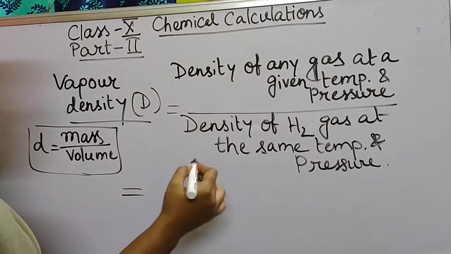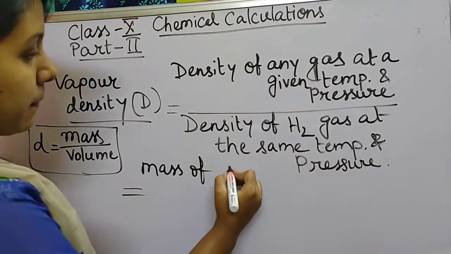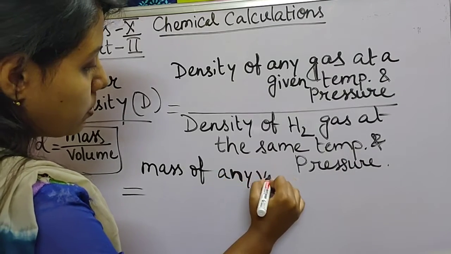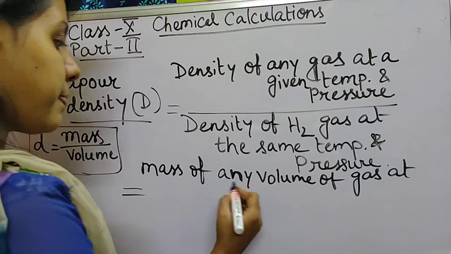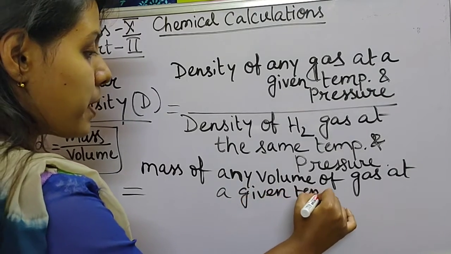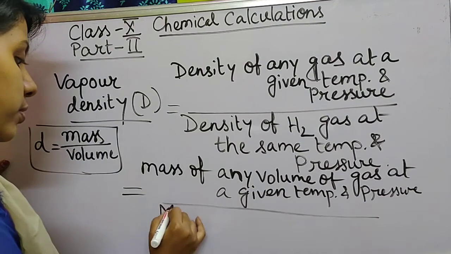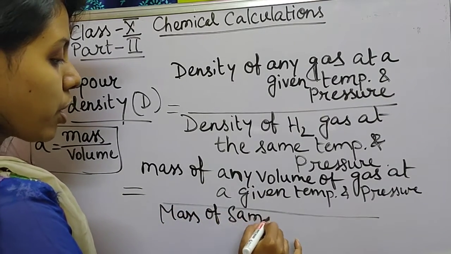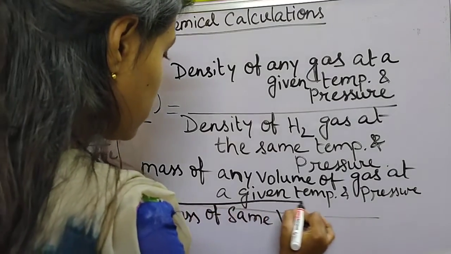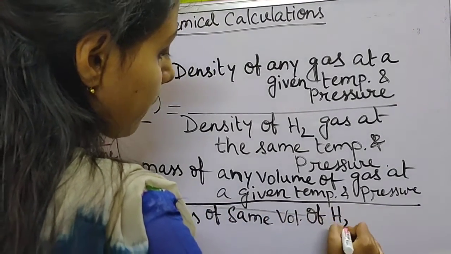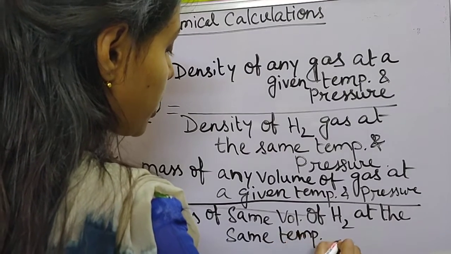So the formula will be: mass of any volume of gas at a given temperature and pressure, divided by mass of the same volume of hydrogen at the same temperature and pressure.